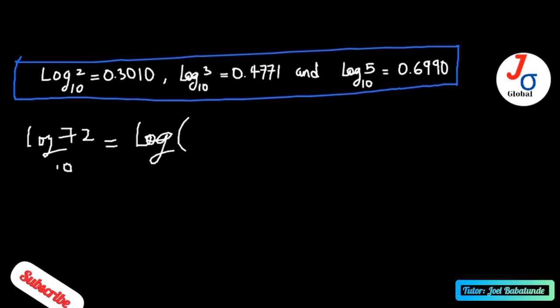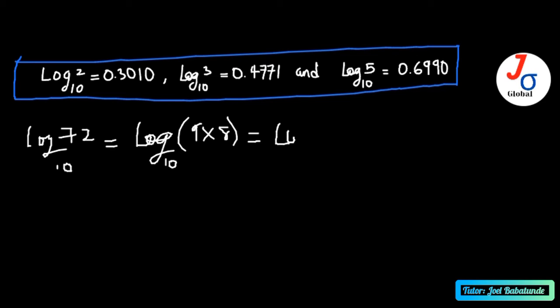Okay, that's fine. So basically, I can write this as log of 3 squared multiplied by 2 raised to the power 3, base 10. So I can see that this is now in terms of 3s and 2s.